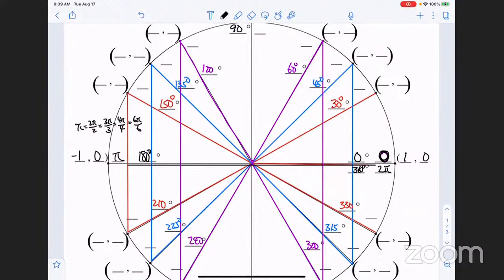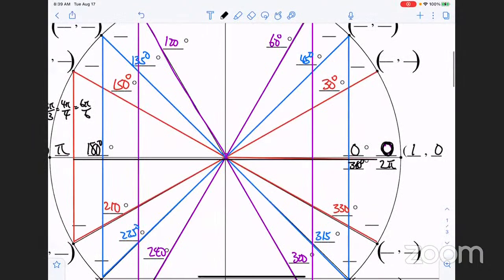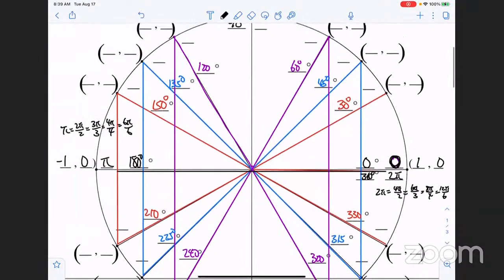Because 6 over 6 is 1, 4 over 4 is 1, 3 over 3 is 1, 2 over 2 is 1. So that will help you to calculate a lot of things. And 2 pi is equal to 4 pi over 2, is equal to 6 pi over 3, is equal to 8 pi over 4, that's equal to 12 pi over 6. That's also divided out to be 2 pi.